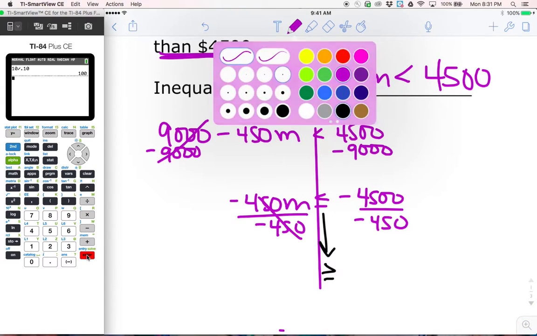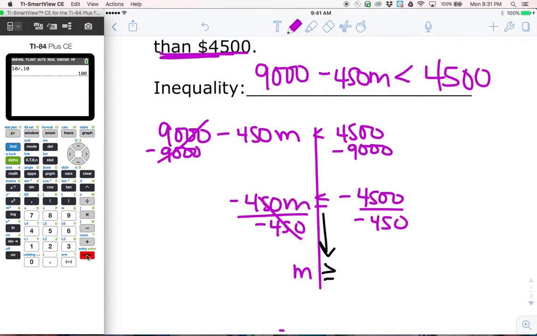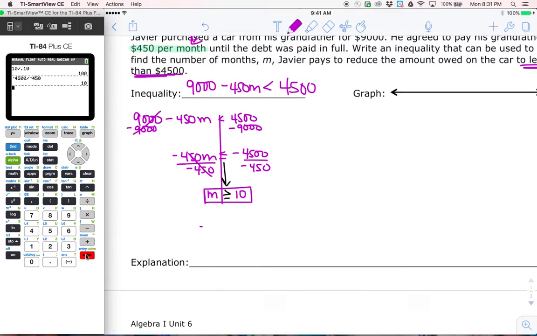And we're left with M is actually greater than or equal to negative 4,500 divided by negative 450, which I believe is 10. Let's just double check. We got 4,500 divided by negative 450, which is going to be a positive 10. All right, so M is greater than or equal to 10.